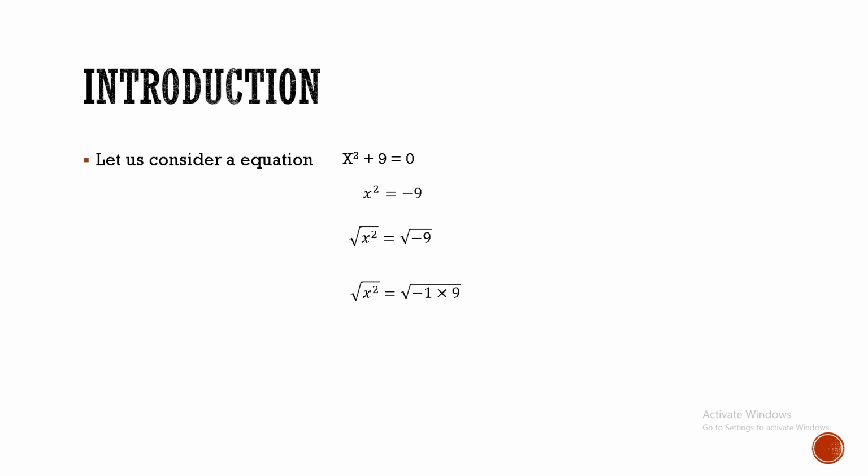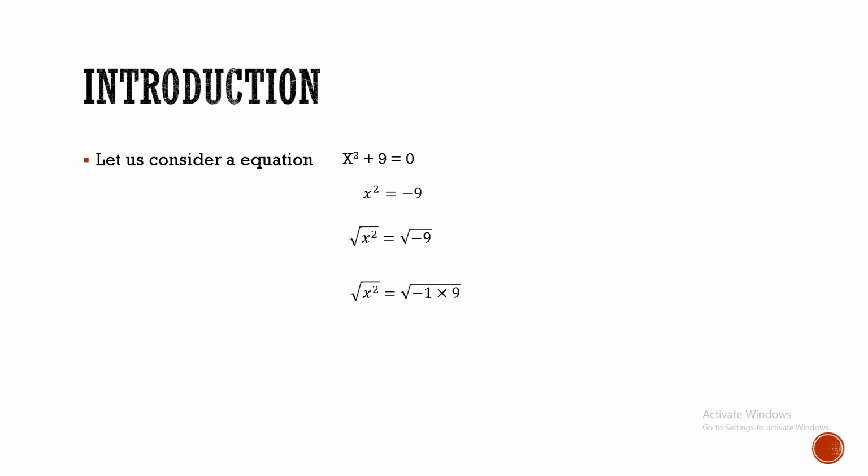Now the problem arises. If you see the square root of minus 9, you cannot take square root for the number minus 9 in real number cases. For example, if I ask you to find the square root of 9, you can say the answer is plus or minus 3.